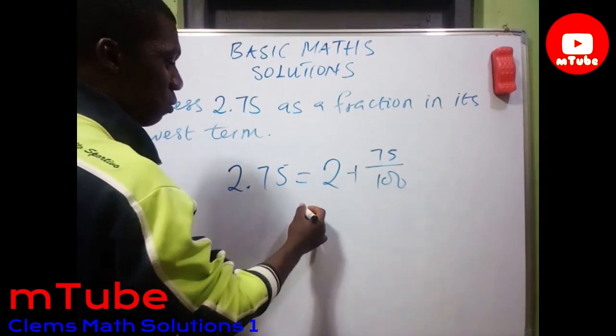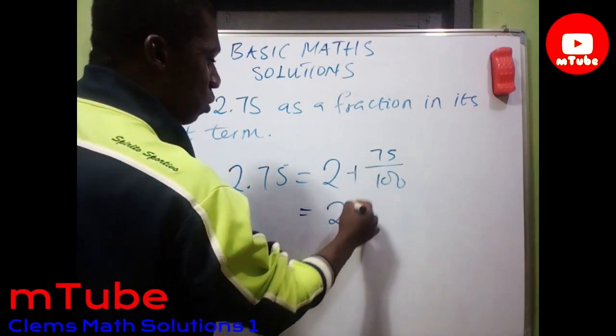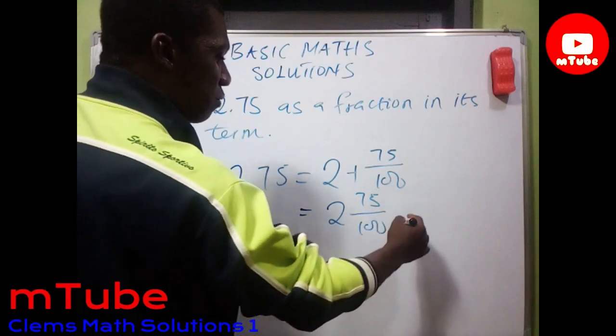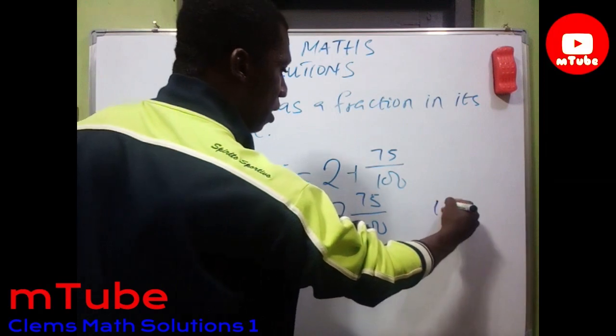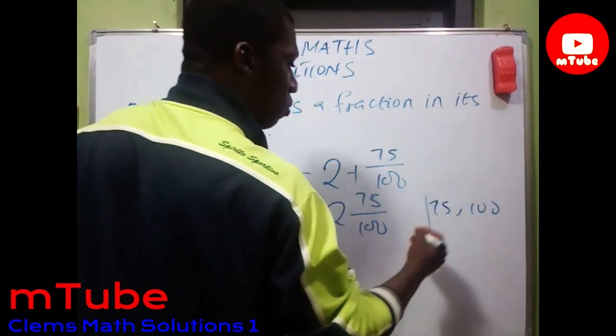Now you add up: 2 plus 75 over 100 is two whole numbers and 75 over 100. Now you go through the process of reducing this fraction to the lowest term, writing out 75 and 100, and then you look for a common factor.